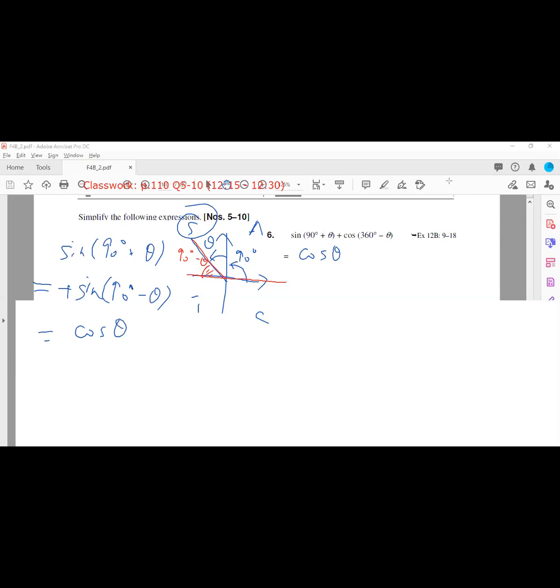And then the second term will be cosine 360 degrees minus theta. 360 degrees, okay? We're going to do this. 360 degrees is one complete cycle. This is 360 degrees. Minus theta is going backward by a little bit. So it's like this, going backward a little bit.